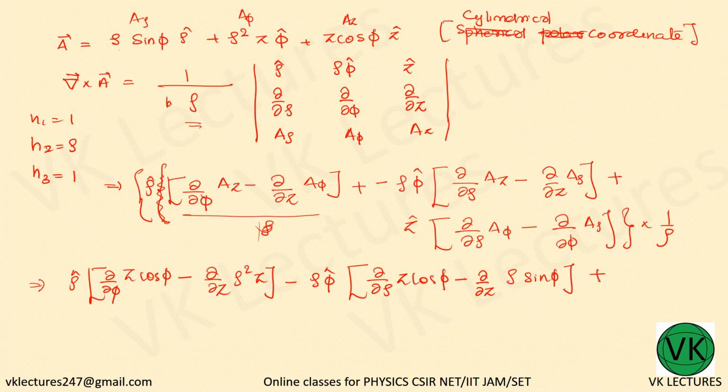Plus z cap into dou by dou rho of A phi, it's A phi, rho square z, minus dou by dou phi of A rho, it is A rho, rho sin phi.